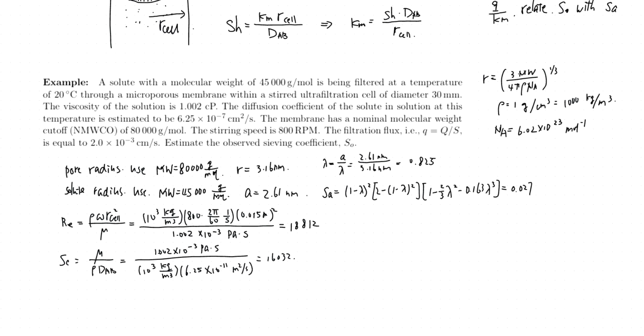Okay, let's find the Sherwood number. Sherwood number is 0.23 times Reynolds number to the power of 0.567, and then the Schmidt number to the power of 1/3, to give us a number. Now we can figure out the Km.